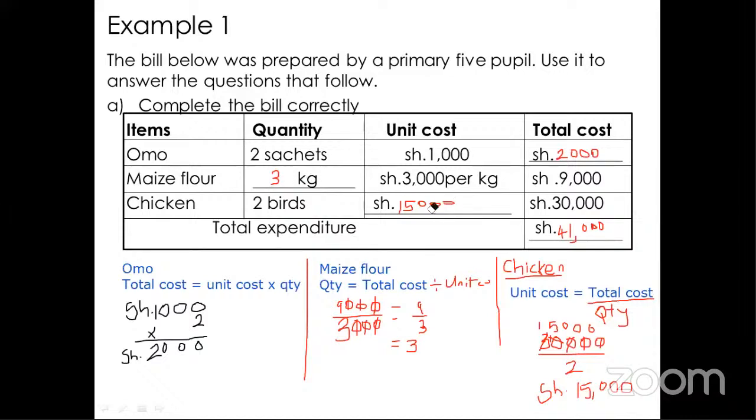Even when you want the unit cost, you divide the total cost by the quantity. So when you are filling unit cost and quantity, you divide. When you are filling under total, you multiply. That is what you have to make sure you remember.